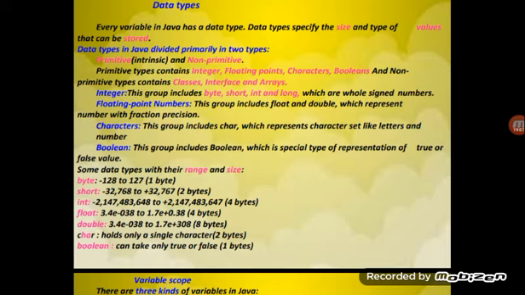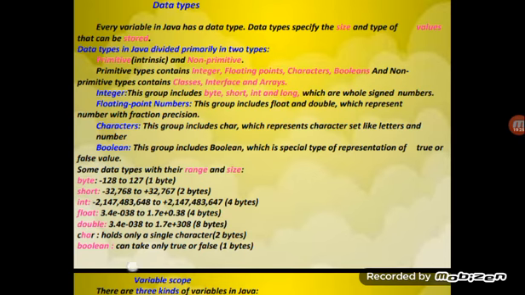Any letter is taken as a character. Boolean: this group includes boolean, a special type representing true or false. Whenever a condition is true or false, we use a boolean type variable.